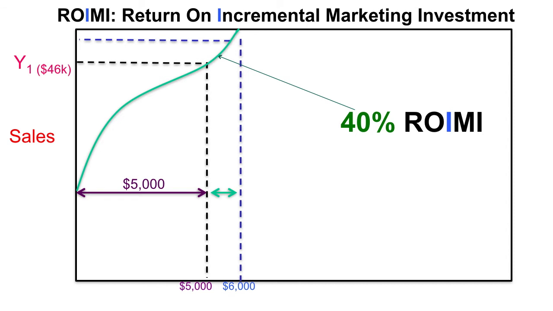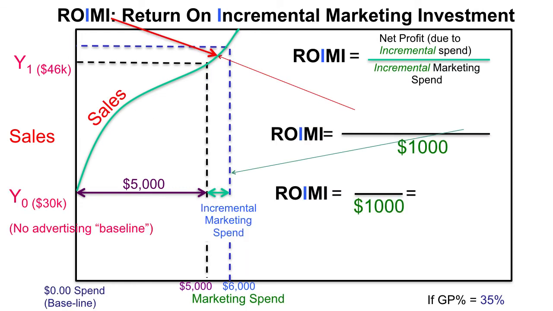And in this case, the return on spending a little bit more puts us up to a 40% incremental marketing investment. So over there, we could have a 12% average return on marketing investment. We spend another $1,000 and we have a beautiful spike relative to the spend. And that 40% return on incremental marketing investment says do more of the same, perhaps.